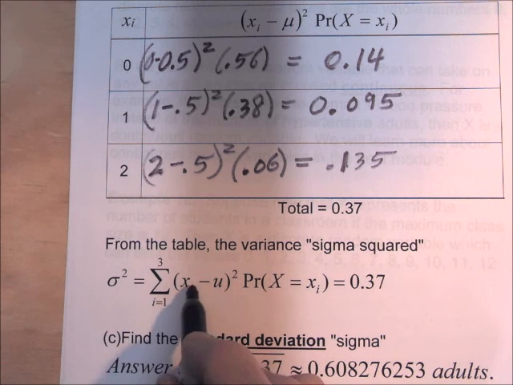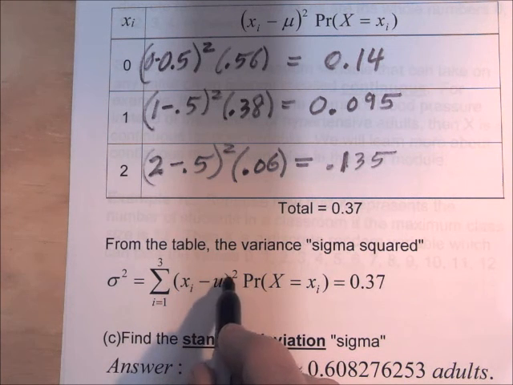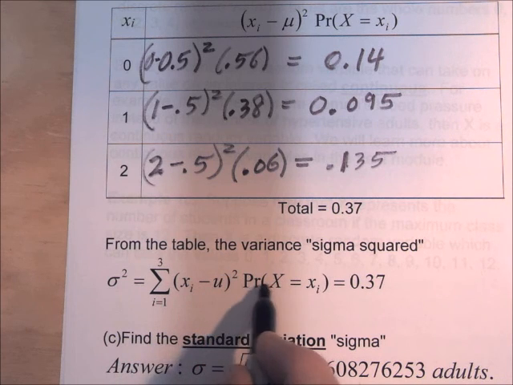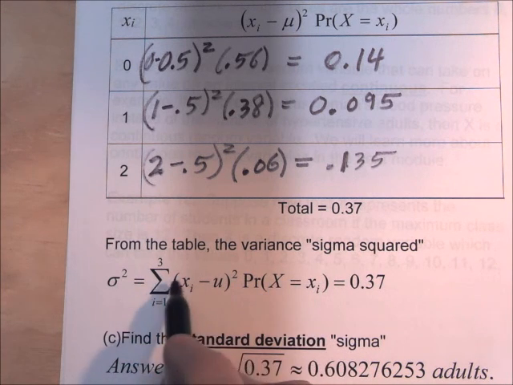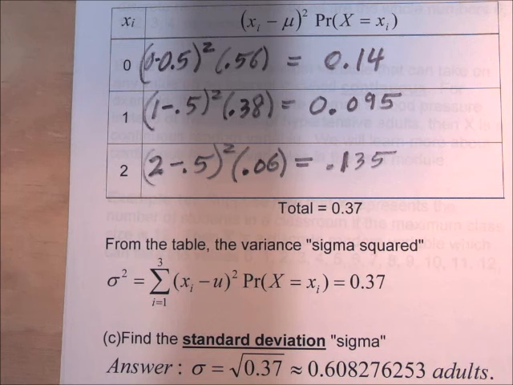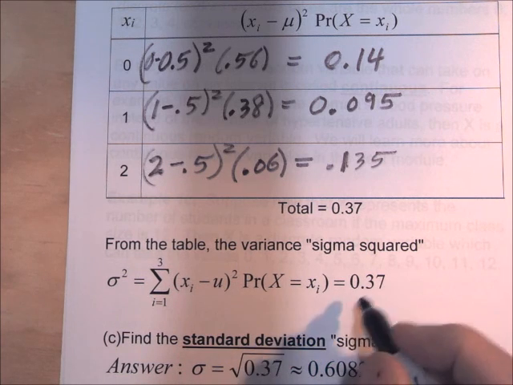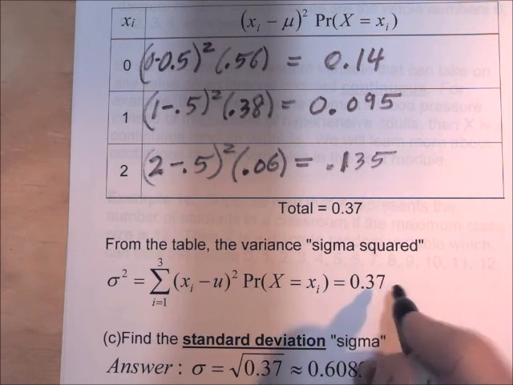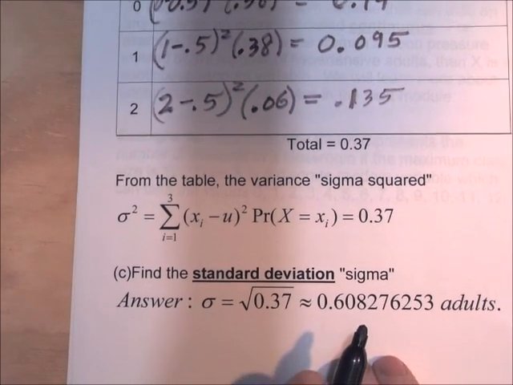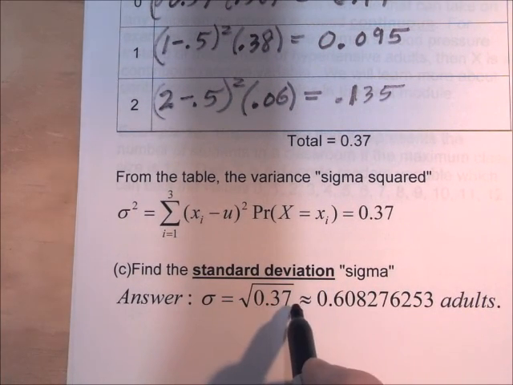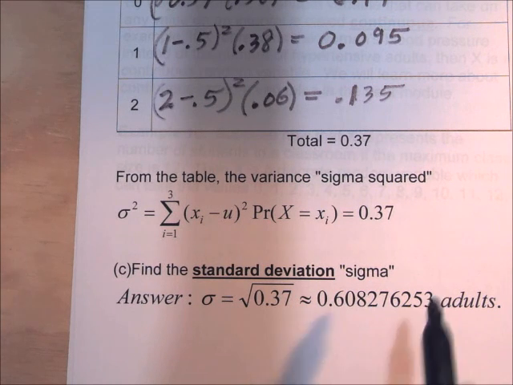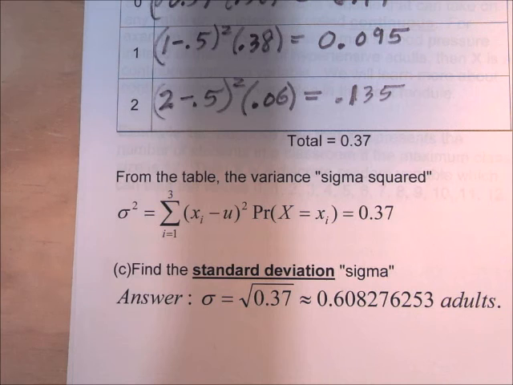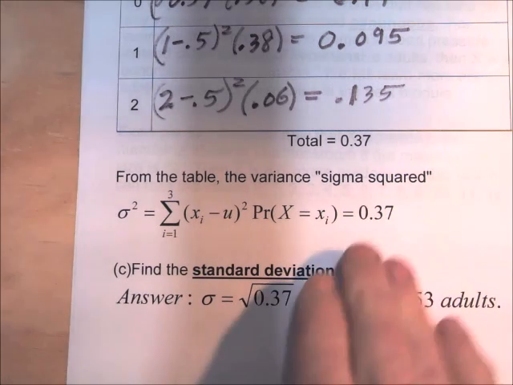So it's each score minus the mean, and then square it, times the probability of x having that value, and then add up all these products, and that gives us the variance of 0.37. And then compute the standard deviation. We can take the square root of the variance, and it gets approximately 0.61 adults. That's the standard deviation.